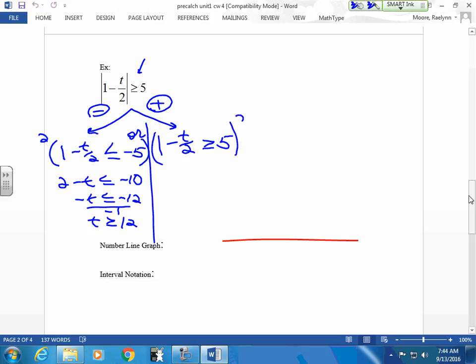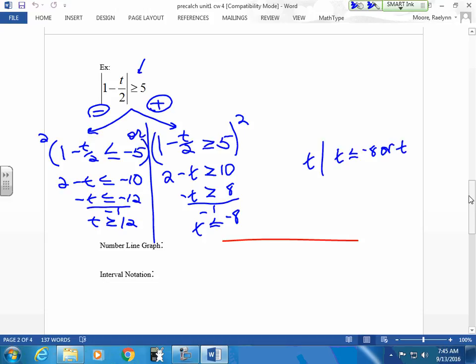Multiply every term by 2. Subtract your 2. Divide by your negative 1. Now, that's your set notation. If you write set notation, this is what your set notation looks like.